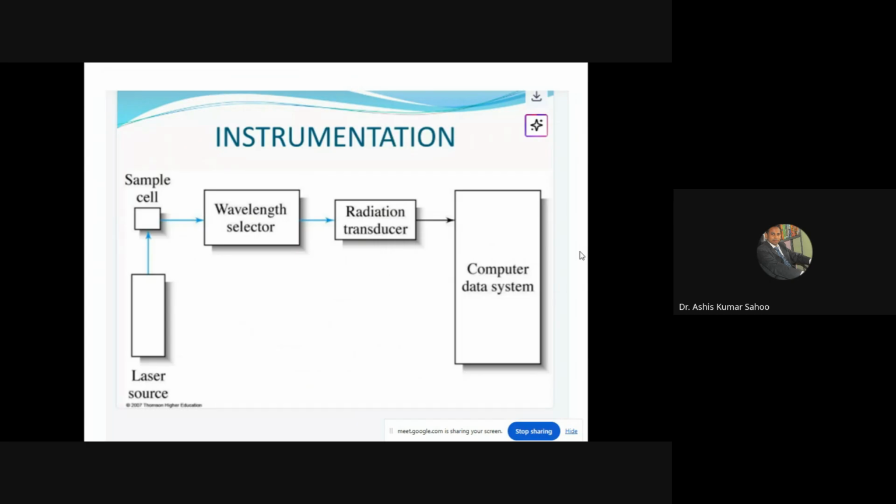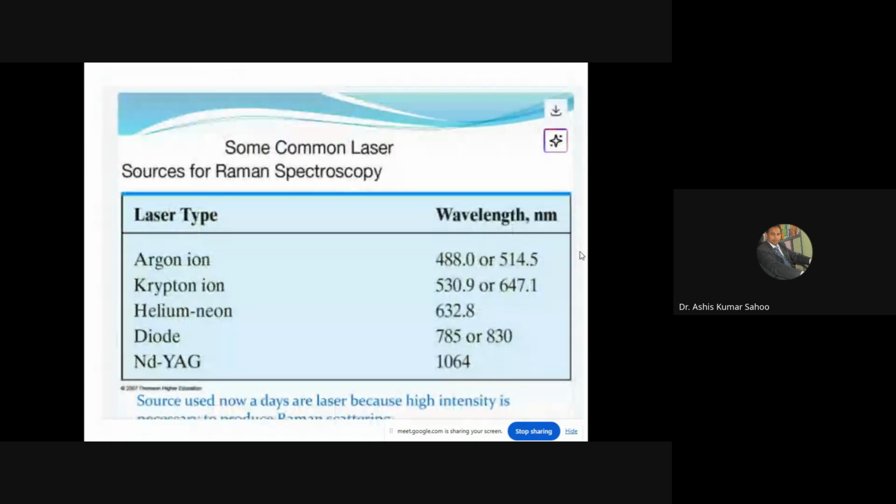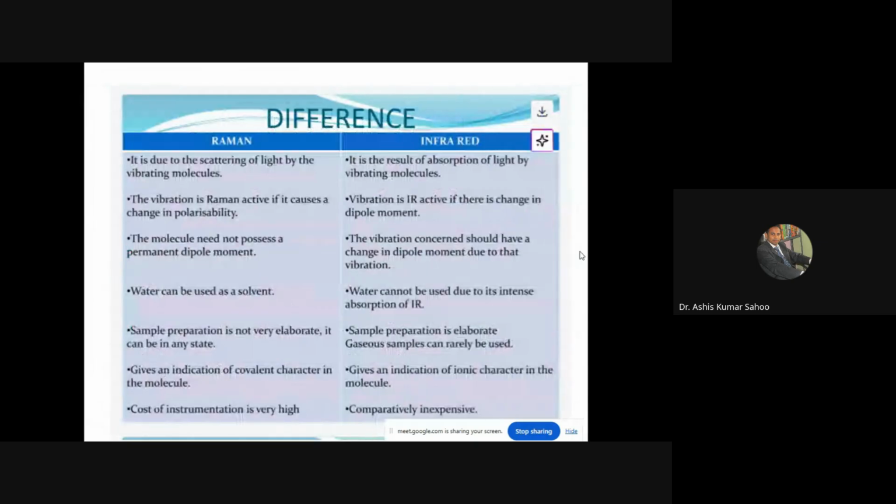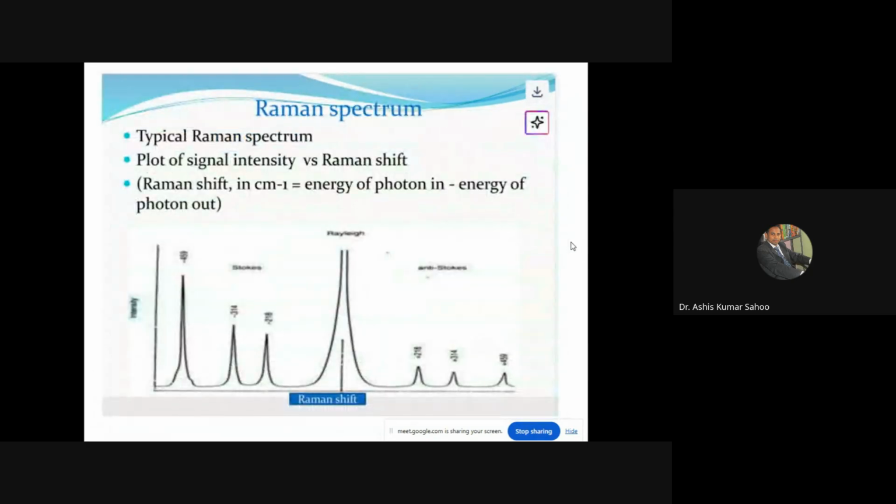Instrumentation: we have different arrangements in the Raman spectrophotometer. This is the difference between Raman spectroscopy and infrared spectroscopy. We can see the Raman spectrum here.